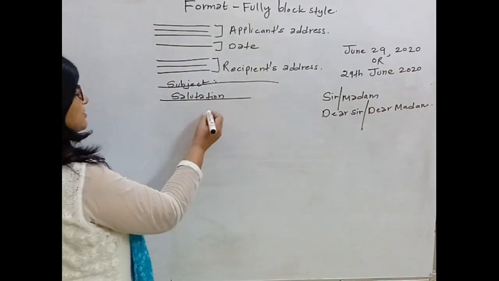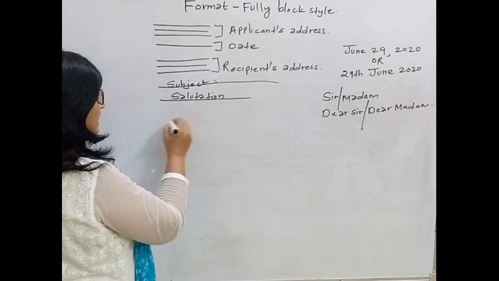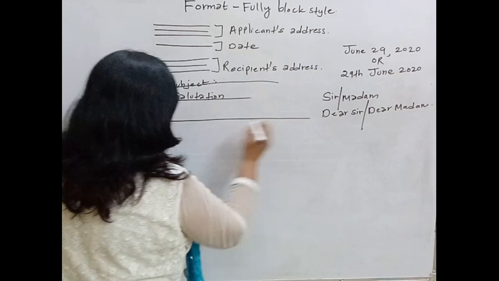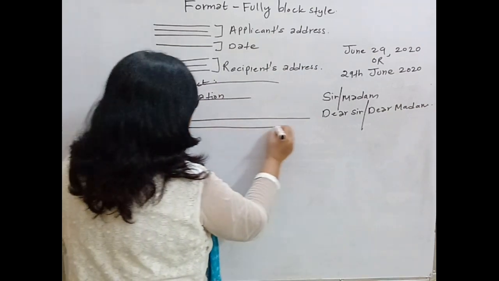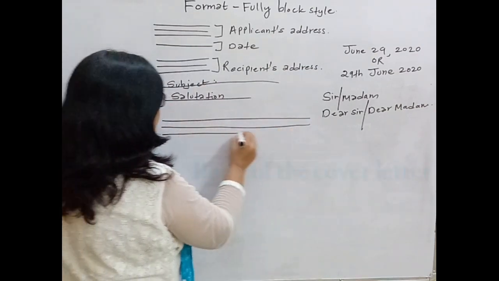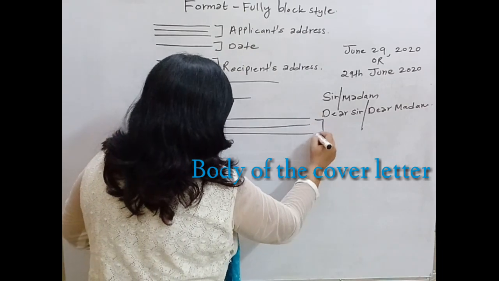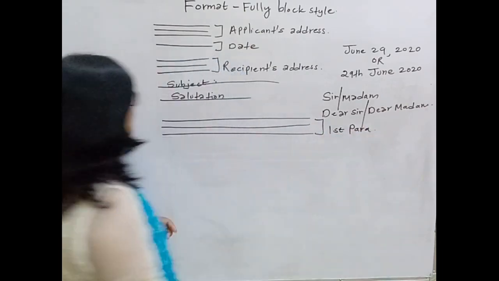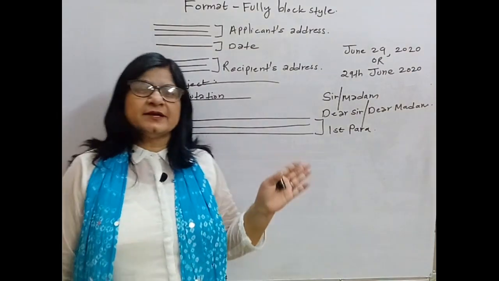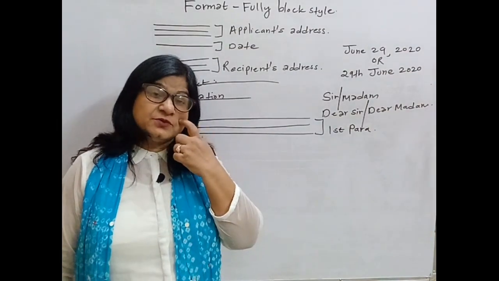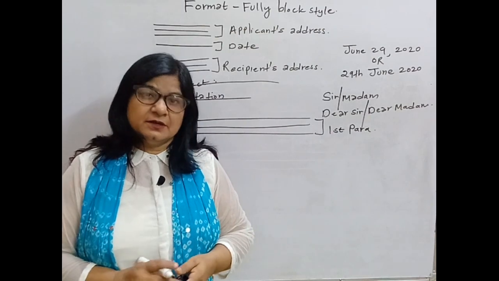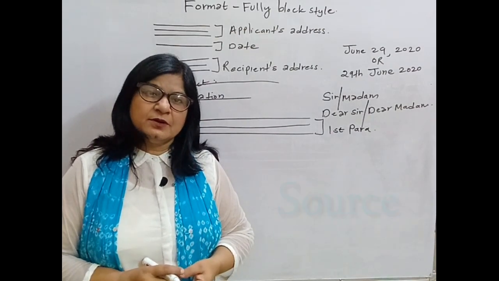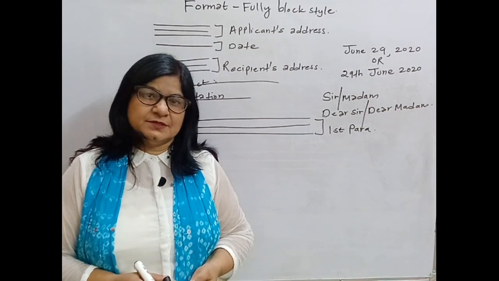After writing the salutation, you will leave a line blank and now the body of the cover letter will start. And this you have to write in 3 paragraphs. This one is the first para. In the first para, you will have to write about the source from where you came to know about the vacancy, either through a newspaper or person.